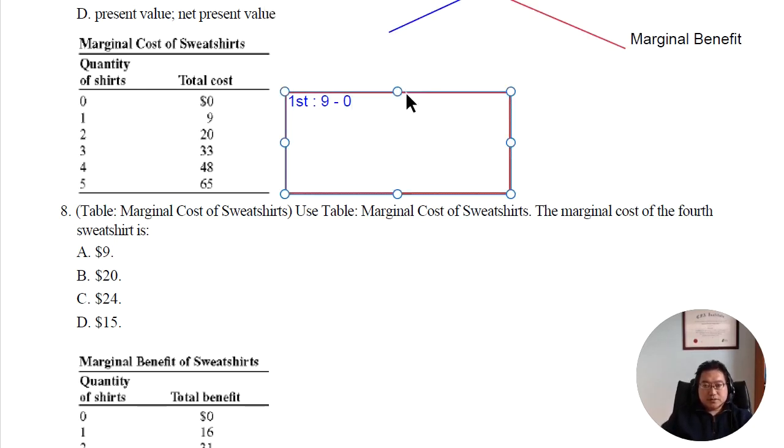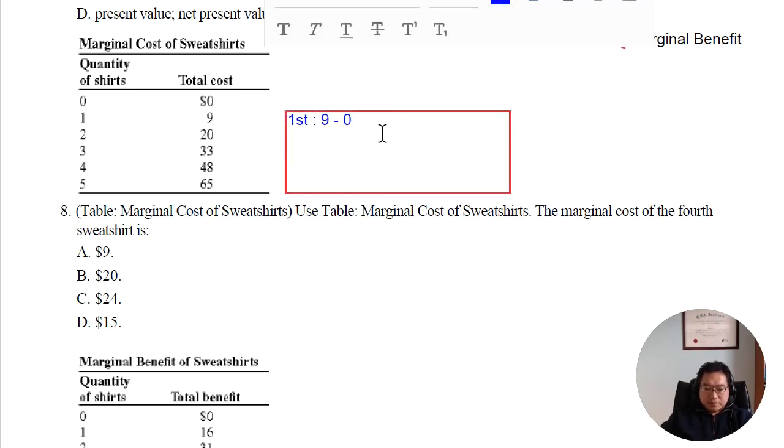Actually, we need to make things align together better. So the marginal cost of the first one is 9 minus 0, right? This 0 is there's nothing, and then when you build one sweatshirt, you incur a $9 cost.